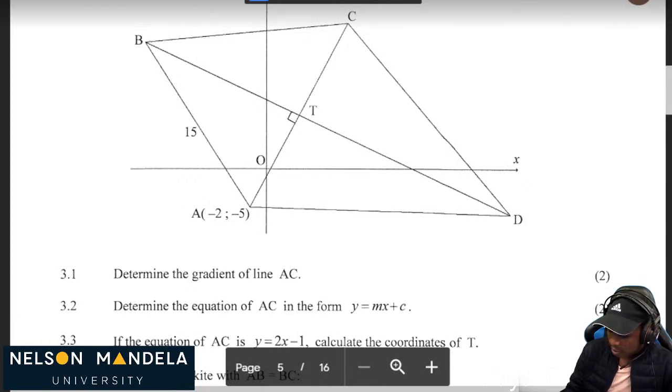Our xm is 4, equal to x2, which is the one we are calculating, plus x1, the x coordinate of point A, which is negative 2, divided by 2. Cross multiply, that's 8 equal to x2 minus 2, then transpose, and you end up having x2 equal to 10.